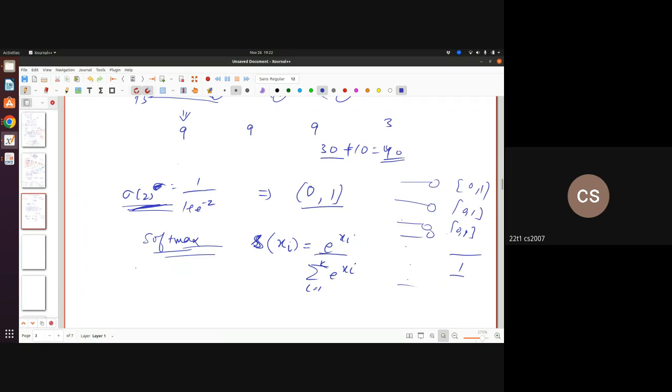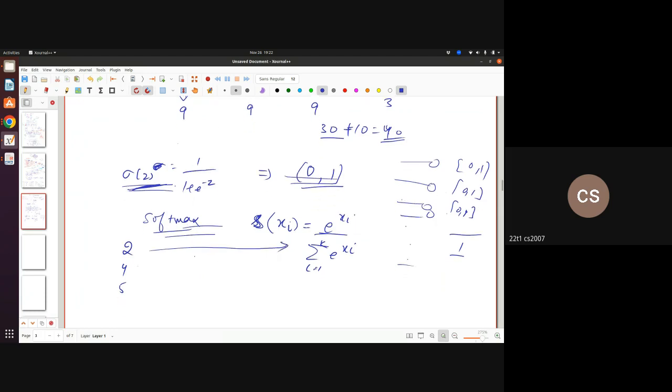So let's say you have some values, let's say 2, 4 and 5. Now if you apply sigmoid on 2, you get some value. If you apply sigmoid on 4, you get some value, and so on. But the sum we want to be 1. So in that case, we'll use this softmax function where the probability pertaining to 2 will be e to the 2 divided by e to the 2 plus e to the 4 plus e to the 5.